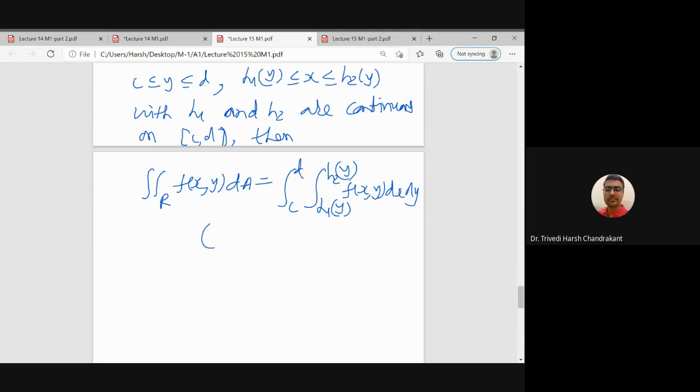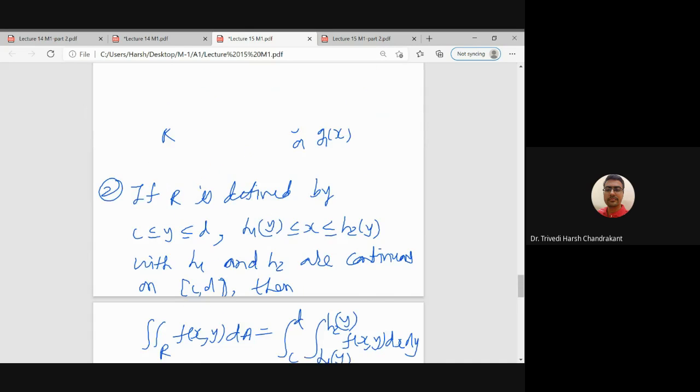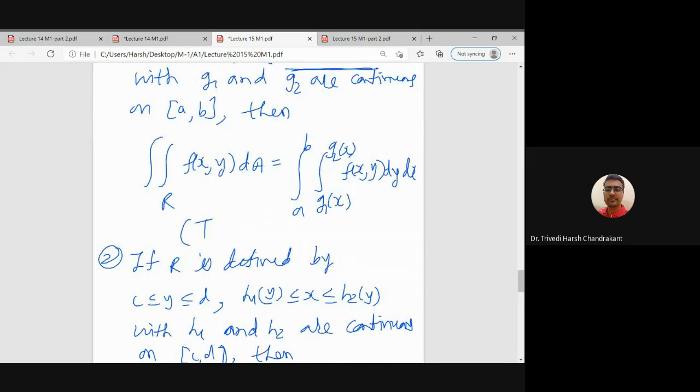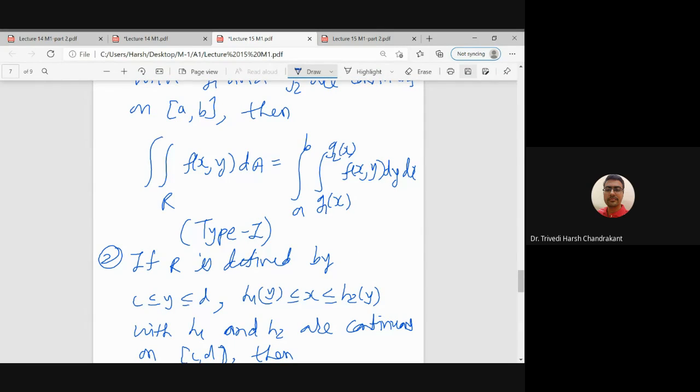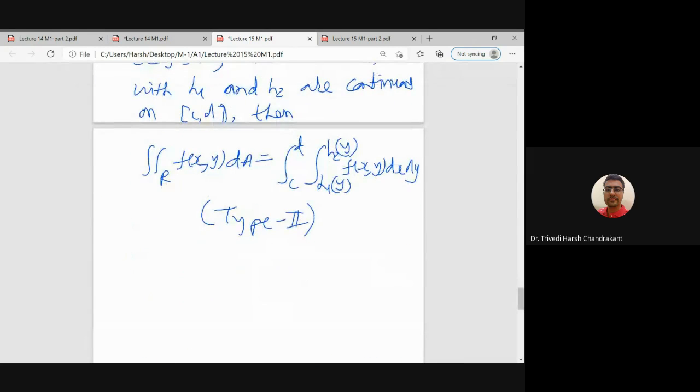So this we will call type 2 integral just for the sake of usage, and this we can say type 1. Right, so type 1 means we need to bound the region in terms of y as a function of x, and type 2 means x as a function of y.